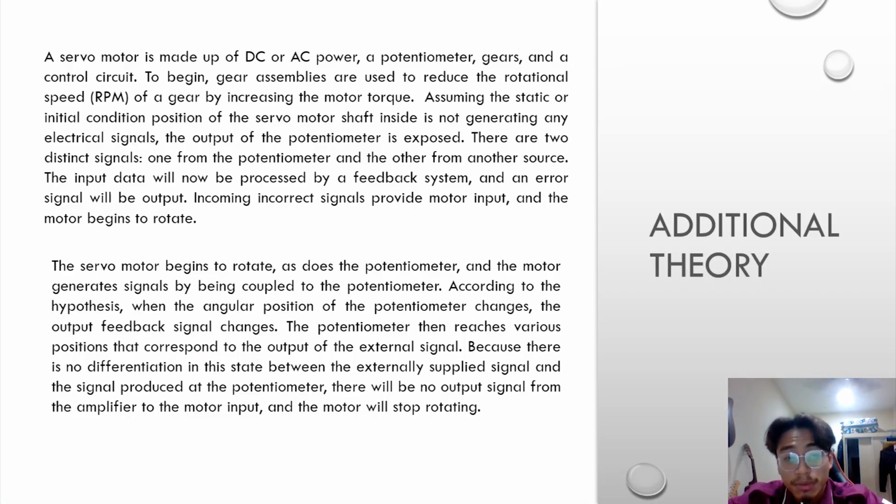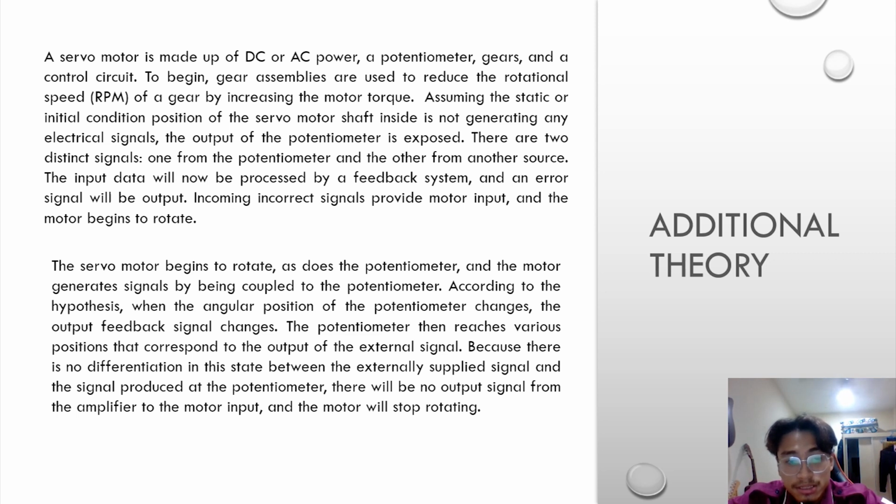A servo motor is made up of a DC or AC power source, potentiometer, gears and a control circuit. To begin, gear assemblies are used to reduce the rotational speed by increasing the motor torque. Assuming the static or initial position of the servo motor shaft, the output of the potentiometer is exposed.